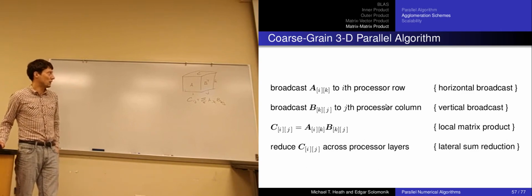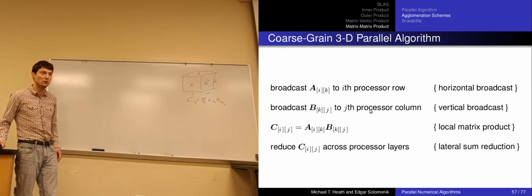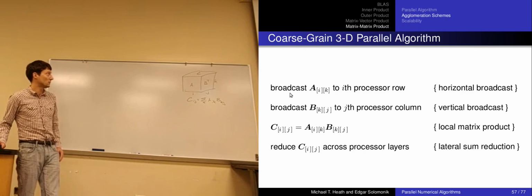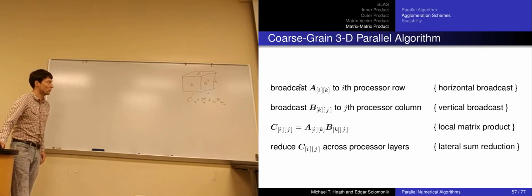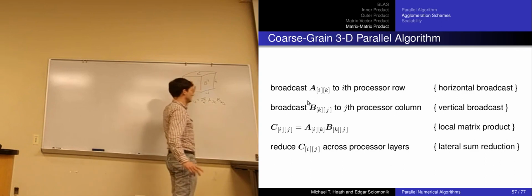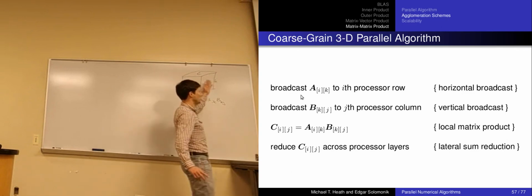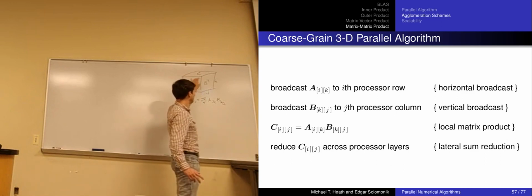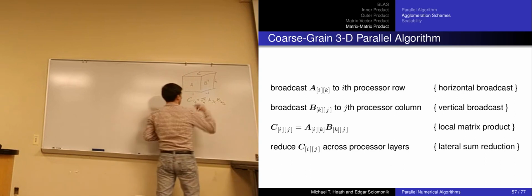And so long as we have a nice initial layout for A and B, which is not trivial, but we can assume that perhaps we can do so. We can, for instance, broadcast A along this dimension, which assumes it starts here, but it's valid, and we only need one copy to start somewhere. Then B along this dimension, and compute all of the cubic subvolumes that each processor owns.